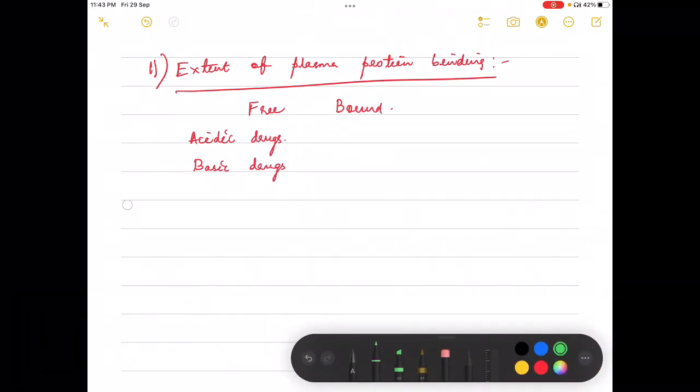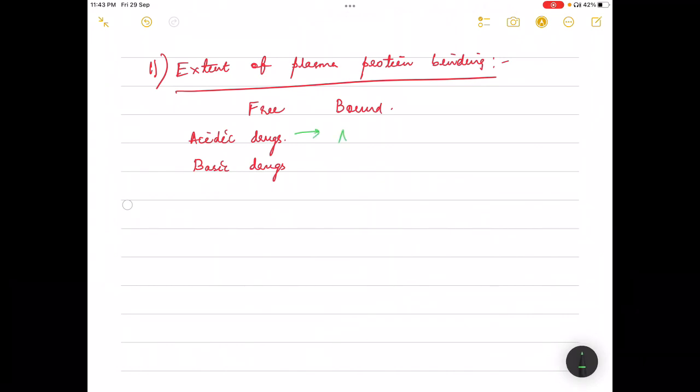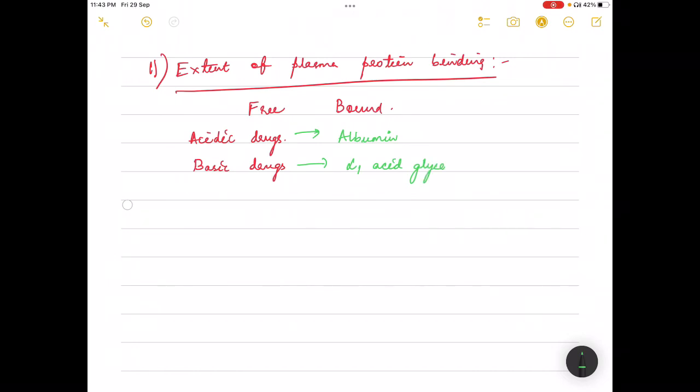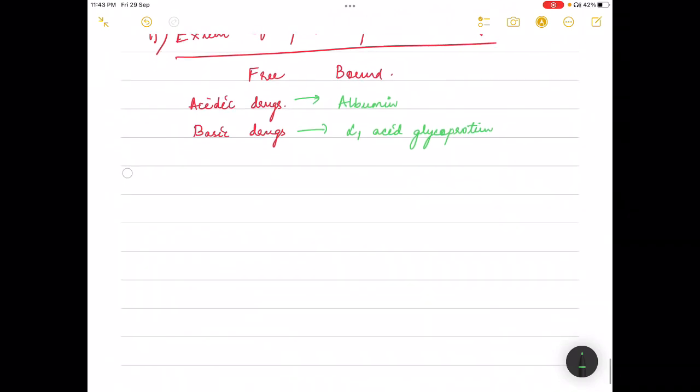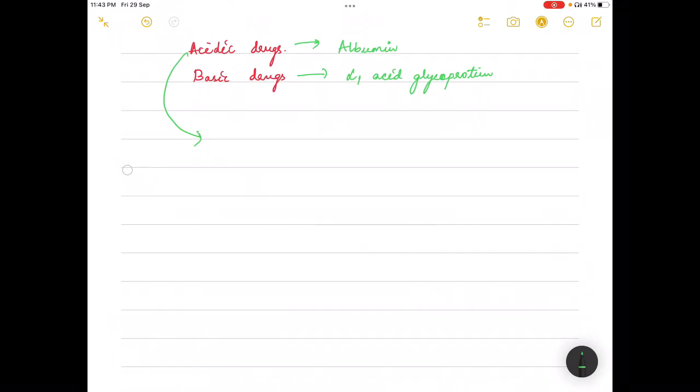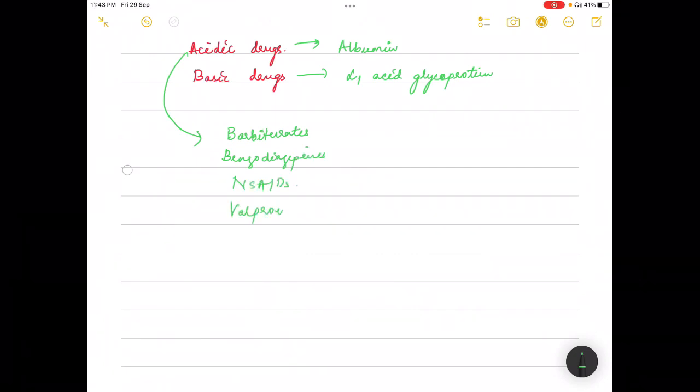So the acidic drugs bind to albumin. And the basic drugs will bind to alpha-1 acid glycoprotein. Okay, so the drugs binding to albumin are the acidic drugs, and examples are barbiturates, benzodiazepines, NSAIDs, valproic acid.